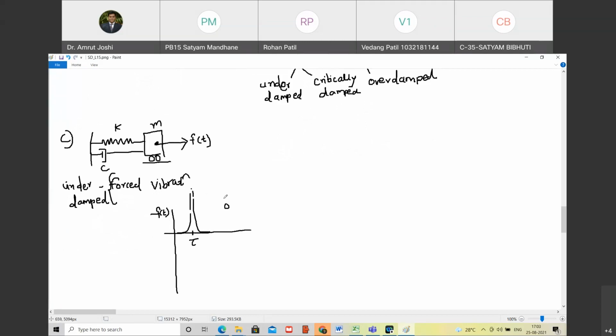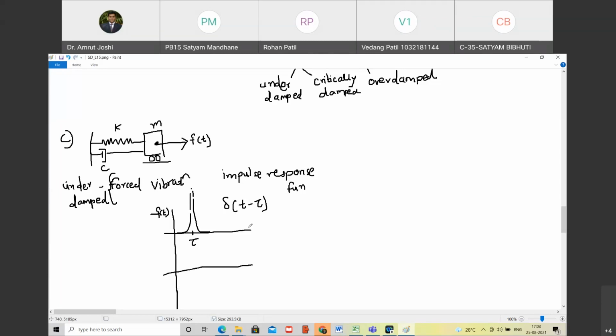So we call this force delta of t minus tau, direct delta function, and the response of the system is also called the impulse response function. Then I told you how to obtain the solution for any type of f of t using impulse response function. That was just a discussion. I showed you using integration and this impulse response function, how we can obtain the response of a single degree of freedom system to any kind of loading.